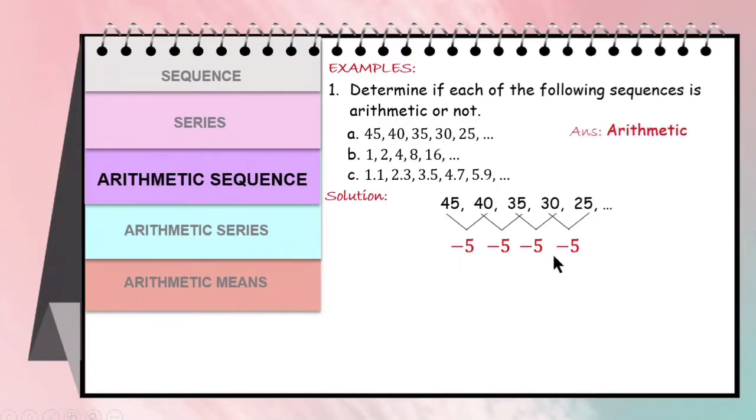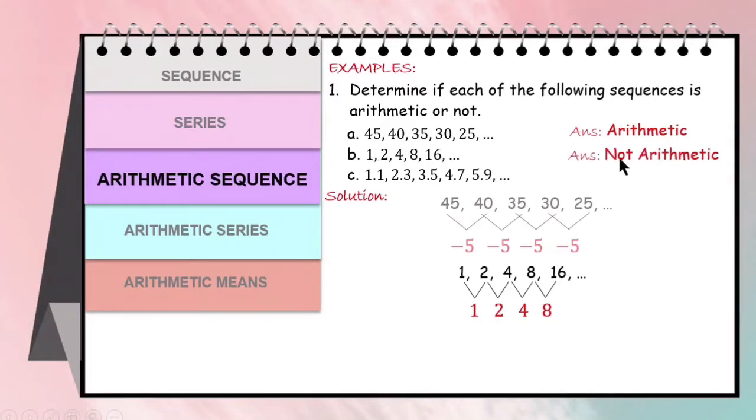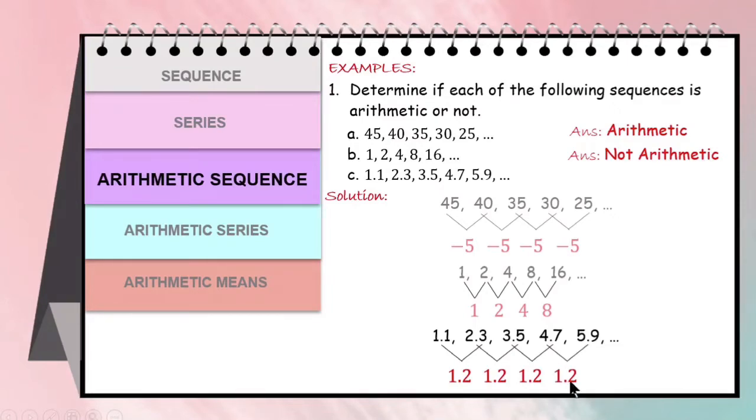For letter B, 2 minus 1 is 1, 4 minus 2 is 2, 8 minus 4 is 4, and 16 minus 8 is 8. There is no common difference, hence, this is not an arithmetic sequence. Letter C. 2.3 minus 1.1 is 1.2, 3.5 minus 2.3 is 1.2, 4.7 minus 3.5 is 1.2, 5.9 minus 4.7 is also 1.2. There is a common difference, so this sequence is arithmetic.